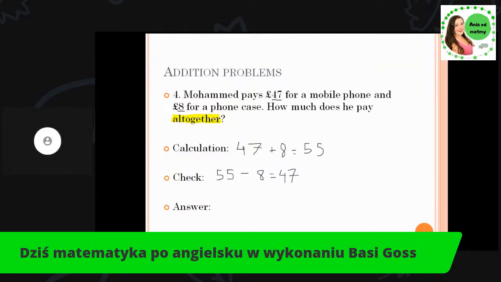How much does he pay altogether? Is the question. So the answer will be Mohammed pays £55 altogether.